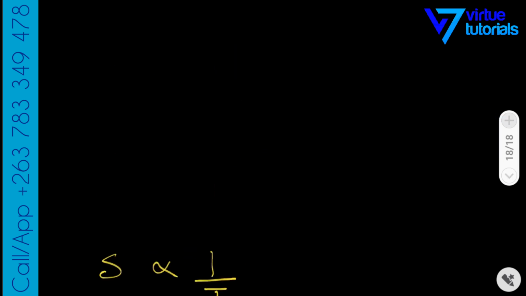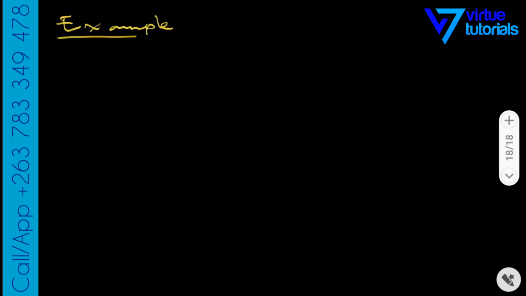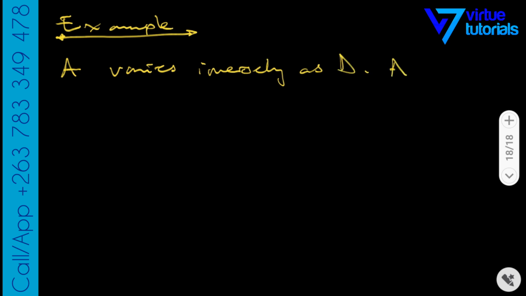So let's have an example. So an example would be: A varies inversely as D. A is equal to 2 when D is equal to 3.